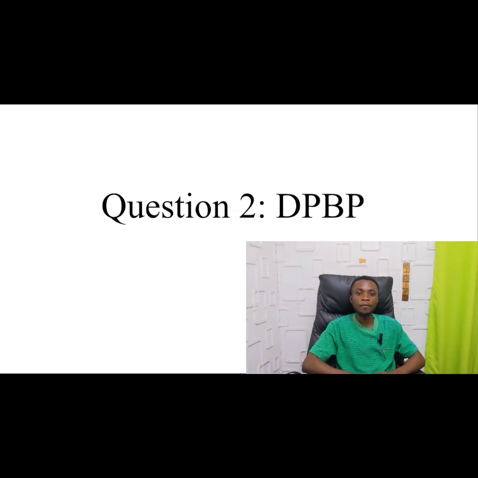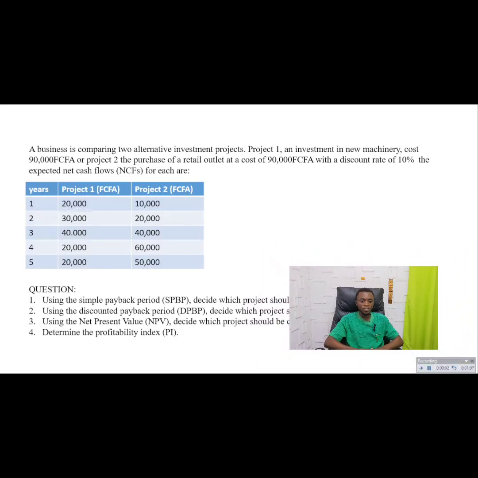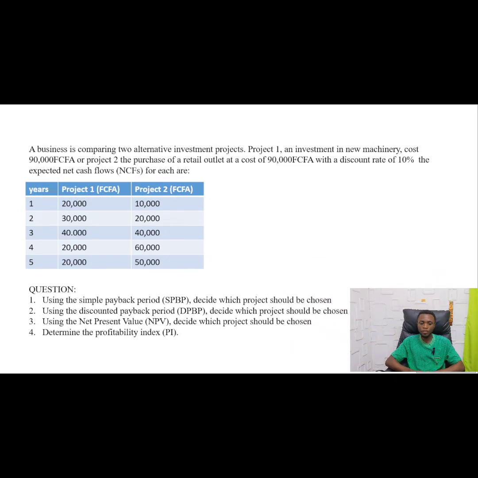So now, using our previous example in our first lesson, let's look at how we can calculate the discounted payback period, and the project that we are going to choose. The question goes thus: a business is comparing two alternative investment projects. Project 1, an investment in new machinery, costs 90,000 francs, or Project 2, the purchase of a retail outlet at a cost of 90,000 francs, with a discount rate of 10%.